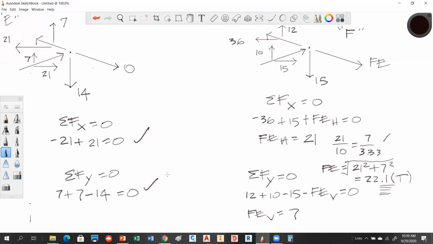Those were simple enough to get. There's a lot going on here, so all of these problems have a lot going on. It's like I've said before, statics is a lot of bookkeeping, and the more you recognize that, the easier it becomes.